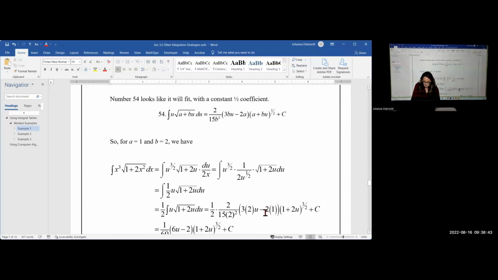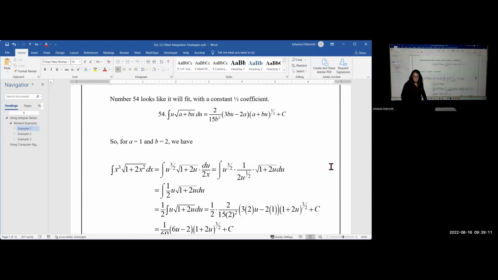Here is the pattern for 54. Now let's go back through and see how we make this pattern fit. We found a pattern that fits on the left side, and now we have to use the antiderivative formula, the pattern on the right, and make it fit our particular substitution expressions. We started with the integral of x cubed radical 1 plus 2x squared.